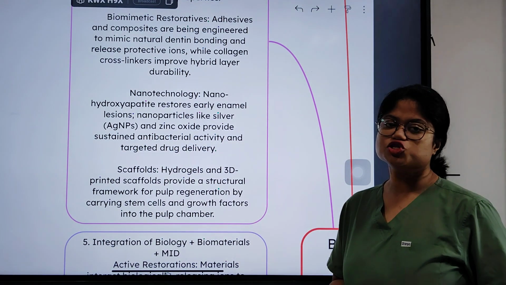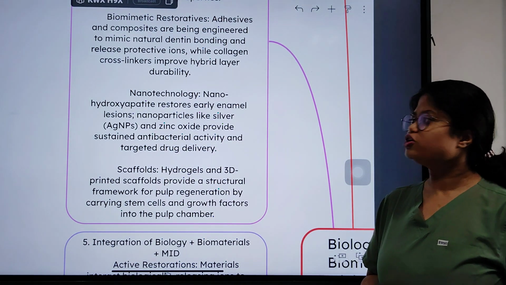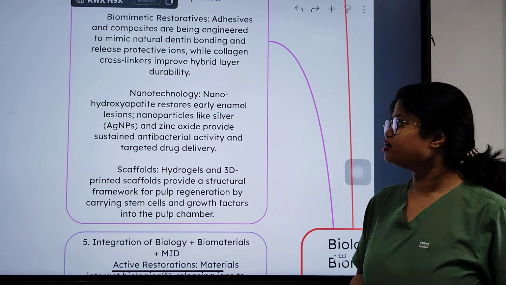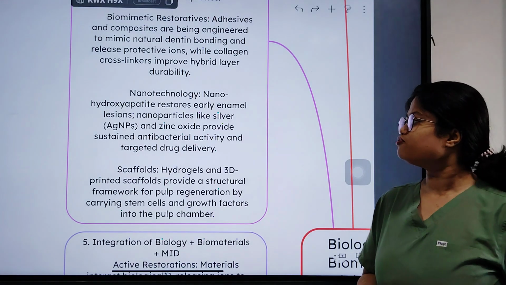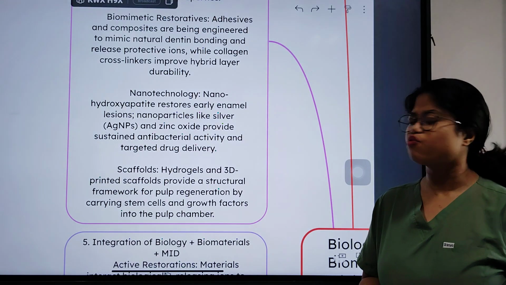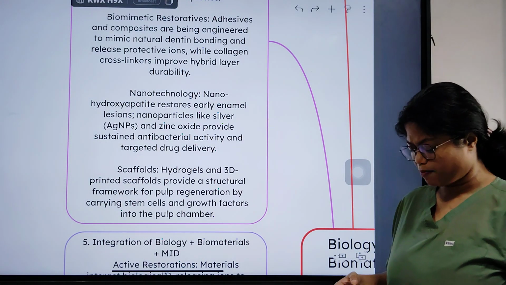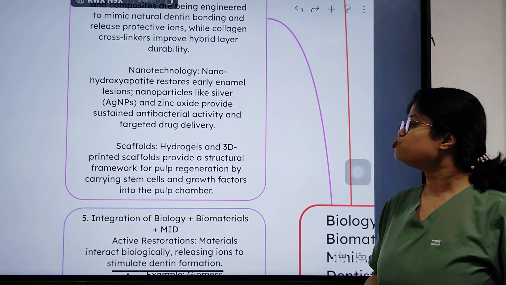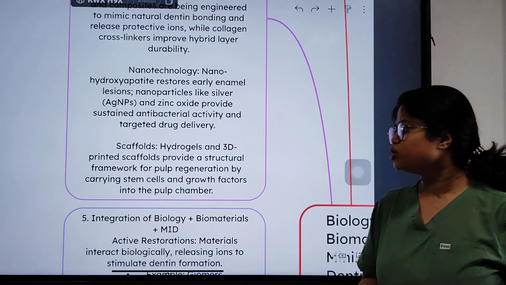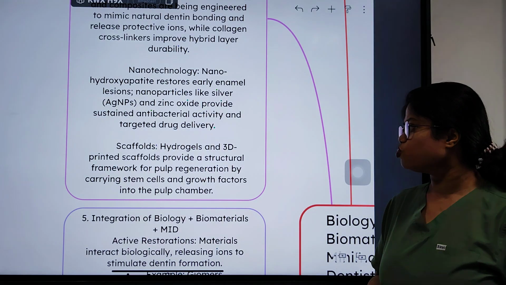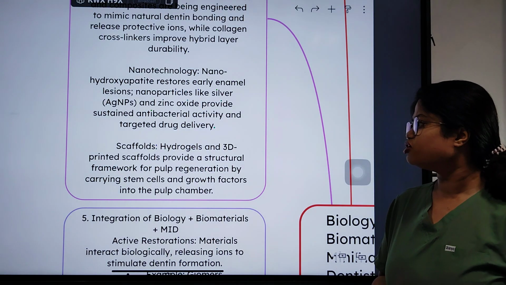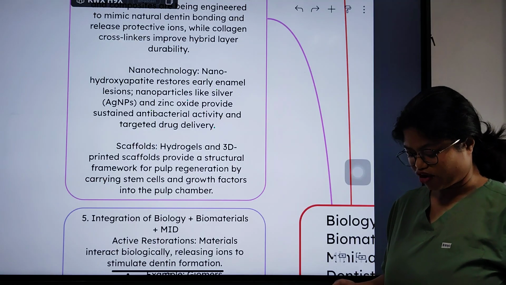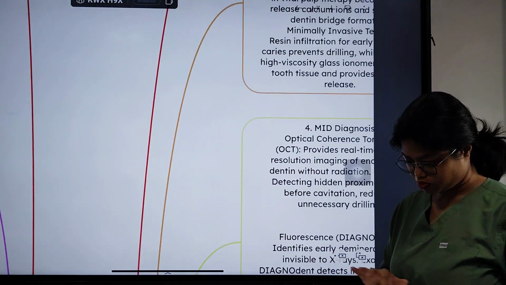Nanotechnology has also come into play, with the development of nanohydroxyapatite that restores early enamel lesions, and silver nanoparticles and zinc oxide provide sustained antibacterial and antimicrobial effects for targeted drug delivery. Scaffolds in the form of hydrogels and 3D printed scaffolds have come into play that provide a structural framework for pulp regeneration by carrying stem cells and growth factors into the pulp chamber.